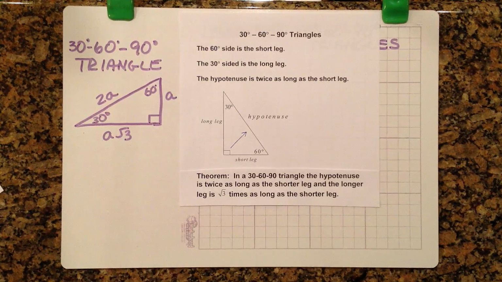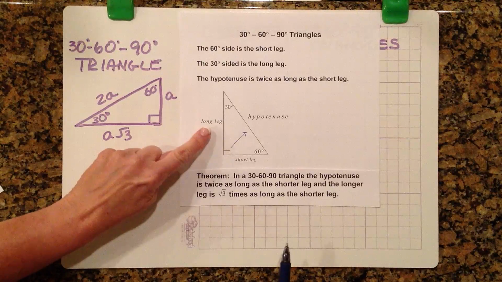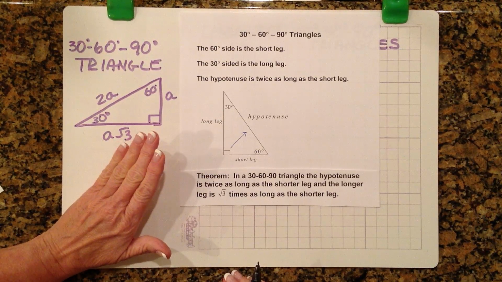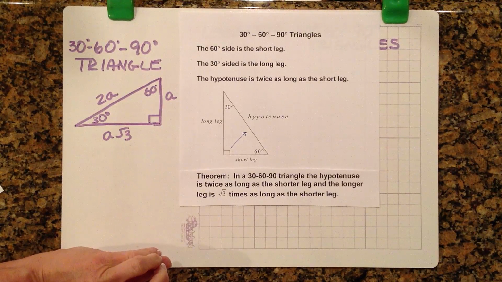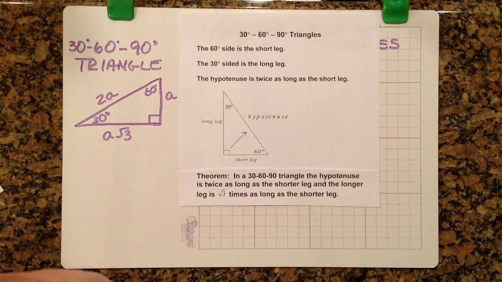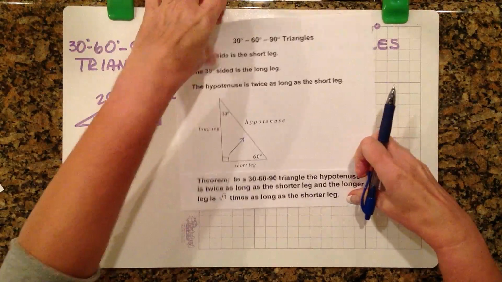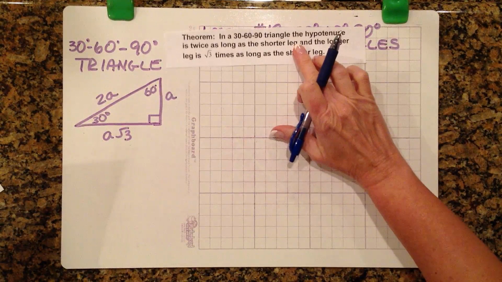This one's got a radical also. It's a square root of 3 though. Remember when we did 45, 45, 90, our root was square root of 2? Well, with 30, 60, 90, our root is a square root of 3. So if you would remember that, it's very, very helpful.